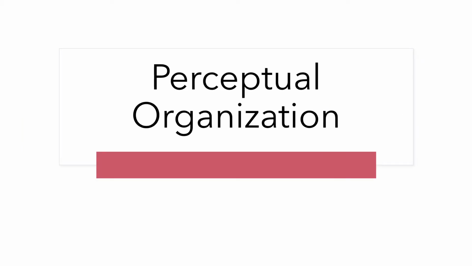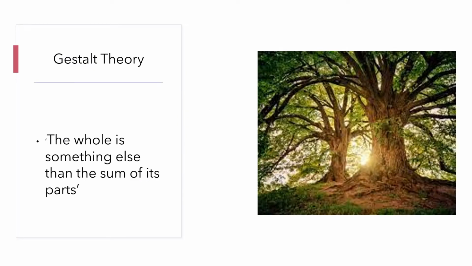Next, we have perceptual organization. So in the early 1900s, a group of German psychologists, including Kurt Koffka, Max Wertheimer, and Wolfgang Kohler, studied patterns or Gestalt. Here we have Gestalt Theory.